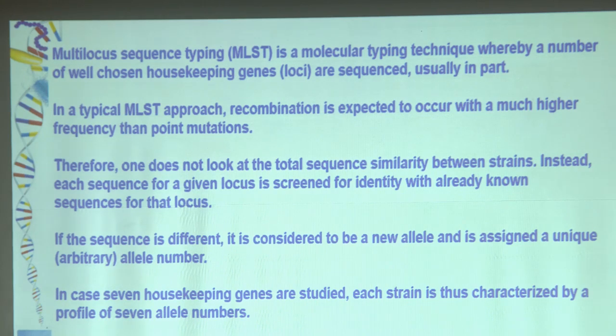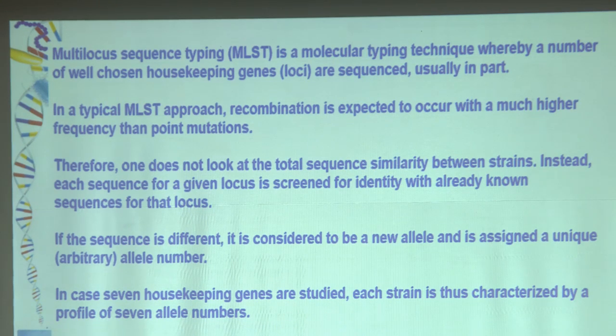Usually, we consider 7 loci from the genome. The choice of these 7 loci is so critical for the success of multi-locus sequence typing. You have to select those genes which is having housekeeping function, and that has got a species level signature.